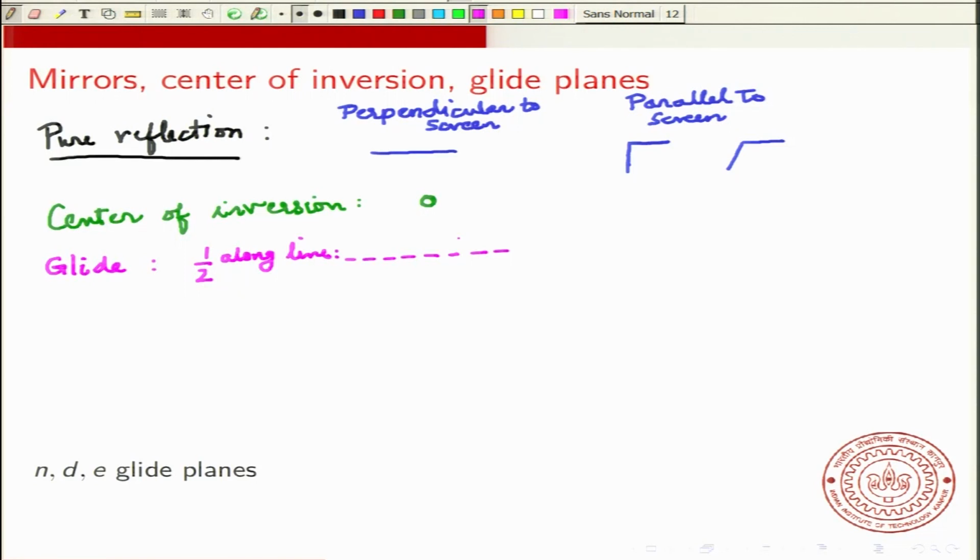Now, you could also have a glide plane that is perpendicular to the screen, but the direction of the glide is half, but normal to the plane, normal to the screen.